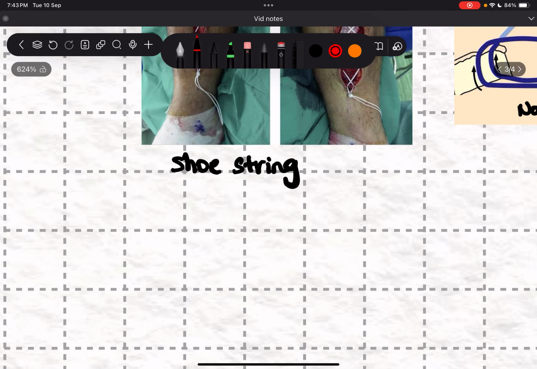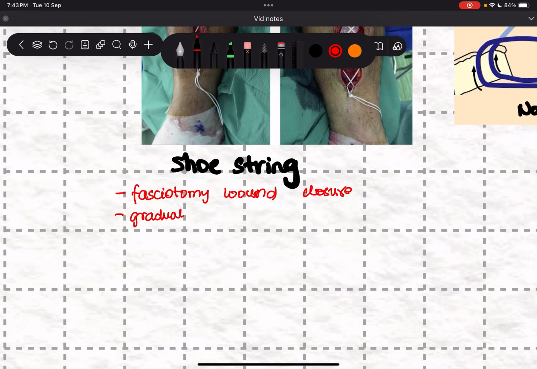It is used in fasciotomy wound closure, where there is gradual tightening, and it is healing by secondary intention, healing by tertiary intention, or delayed primary closure.